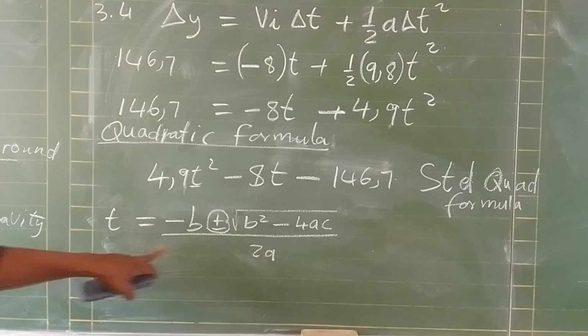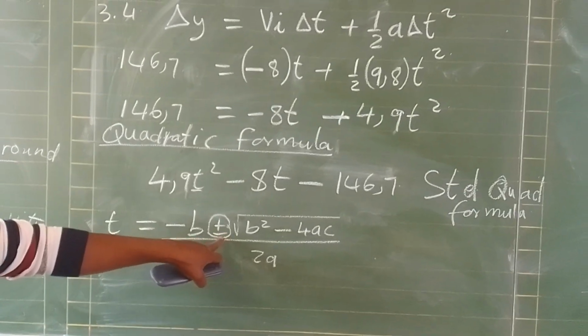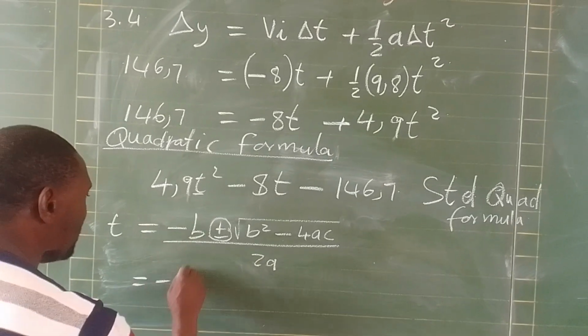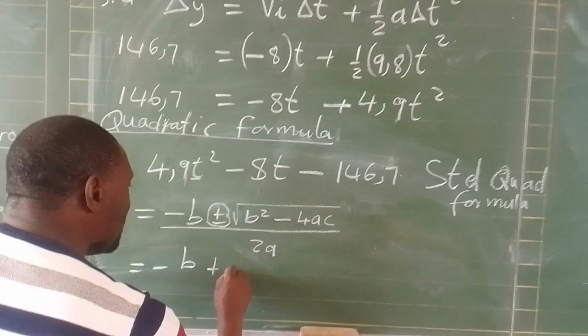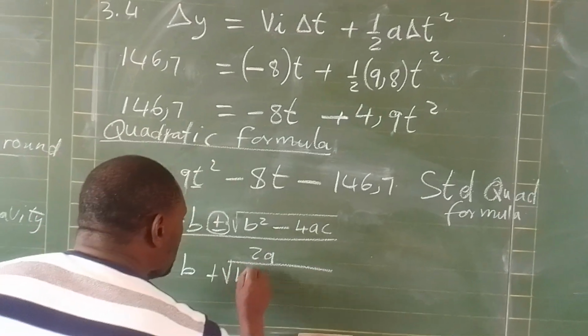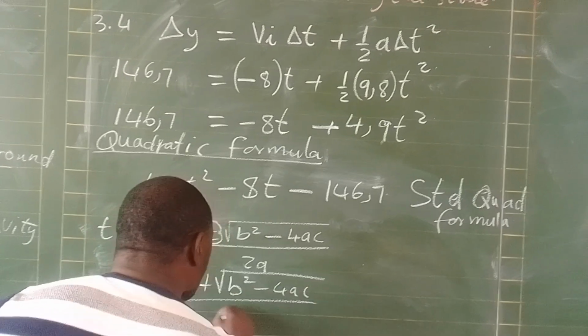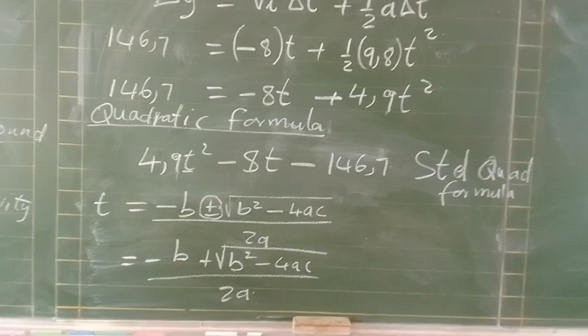We're looking for time. Do we have a negative time? No. So this is going to be minus b plus the square root of b squared minus 4ac, divided by 2a.